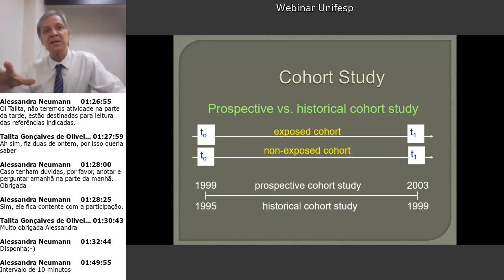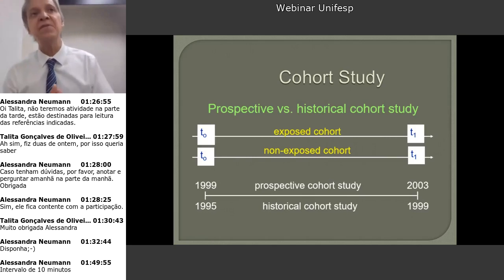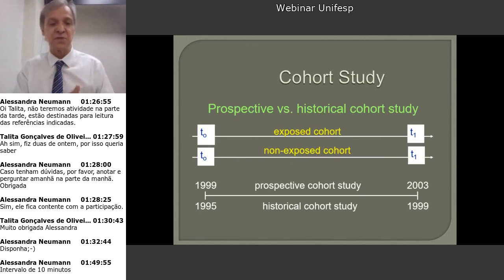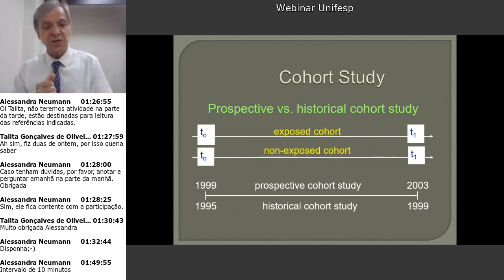The best intervention studies are all like a cohort. Actually, every intervention study, every clinical trial, is a cohort. The only difference between that and an observational design is that in the intervention you are actually controlling the exposure. You, the scientist, define the exposure. Whereas in observational design, you are observing phenomena happening.